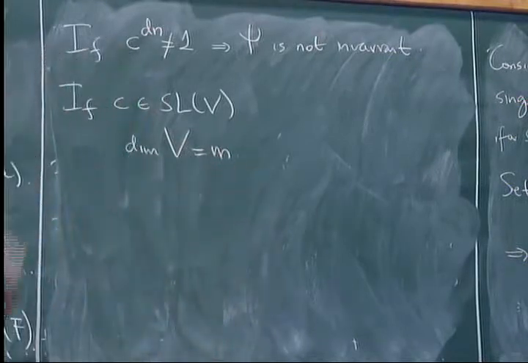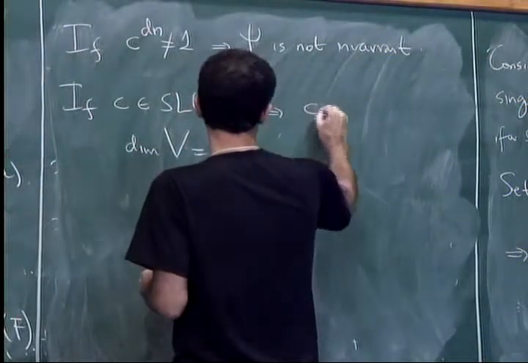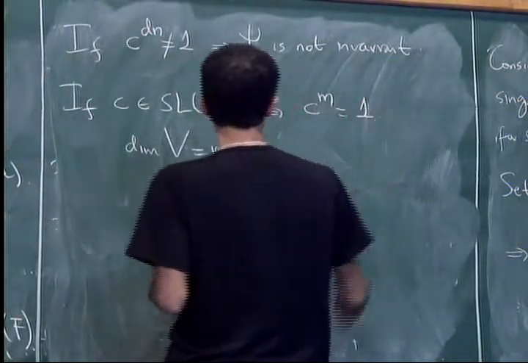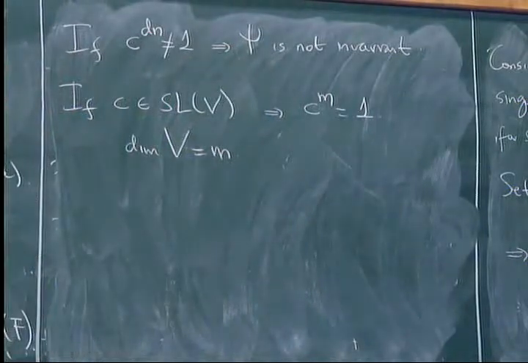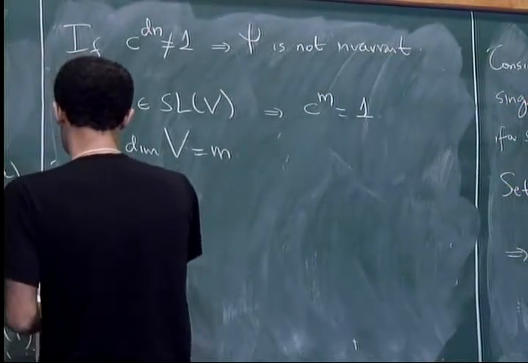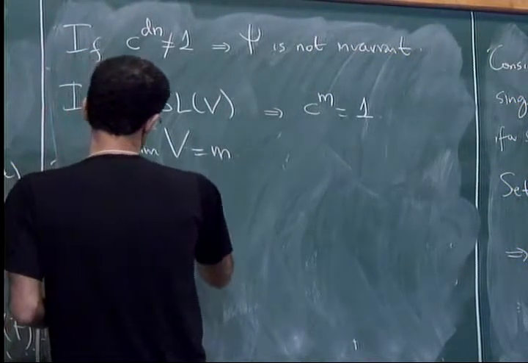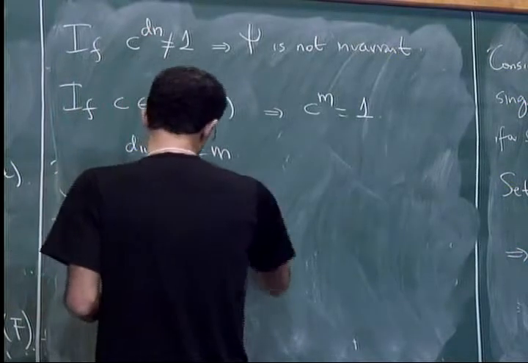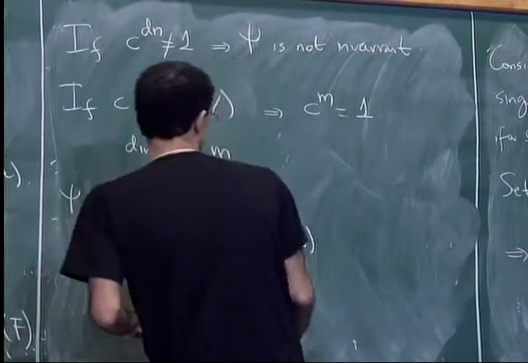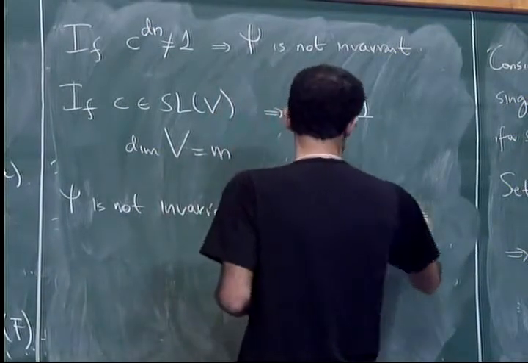Then we have that C to the m is equal to 1. And for this to be 1, you need that m divides d times n. So psi is not invariant under SLV unless m divides d times n.